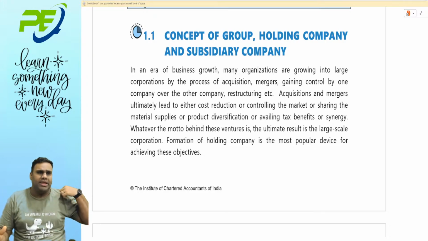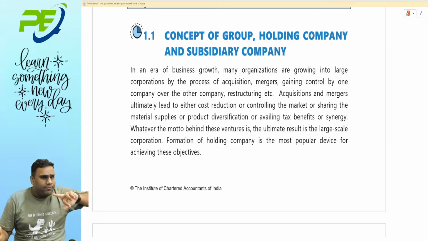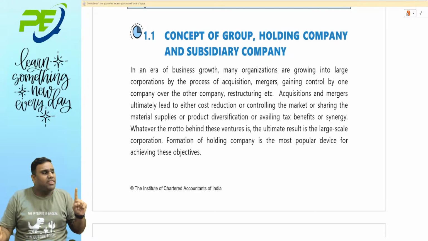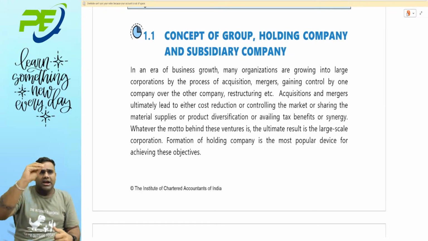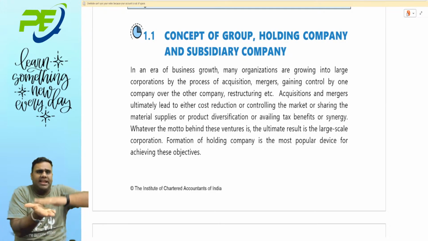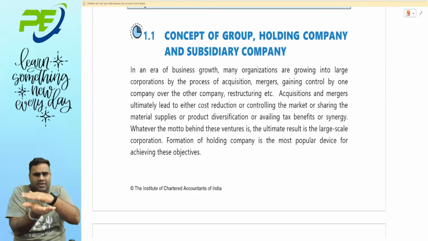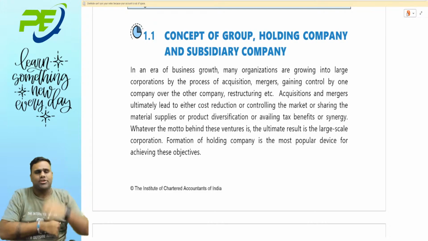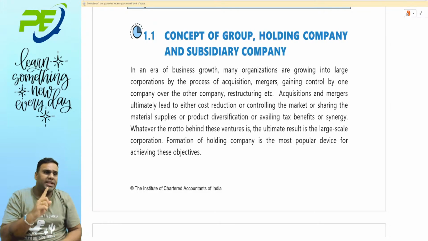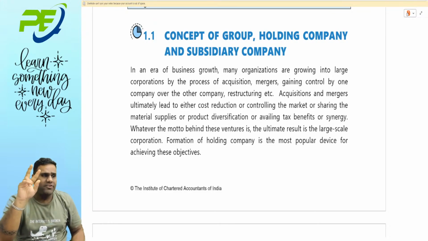Now, holding company. If there is a subsidiary, there is a holding company. As per the Companies Act, they have given a detailed definition, which is not required for accounts. If you have a subsidiary, then the company which is holding the shares in the other company is called the holding company. For the subsidiary company, they have given 2 points.